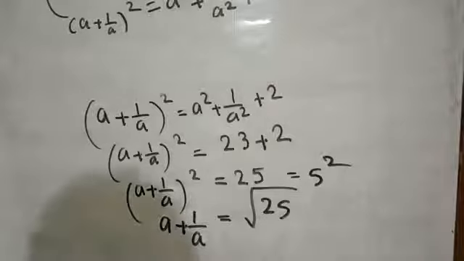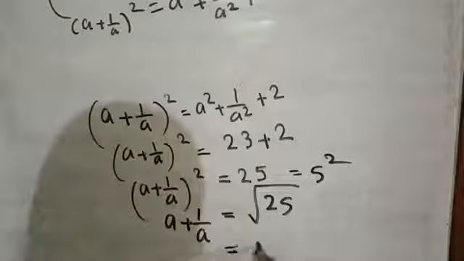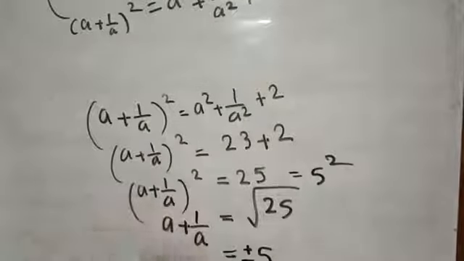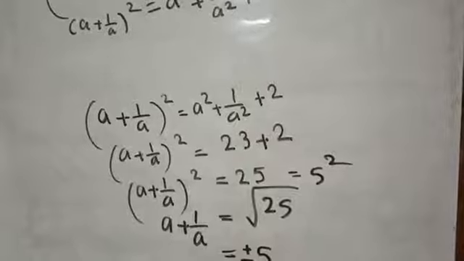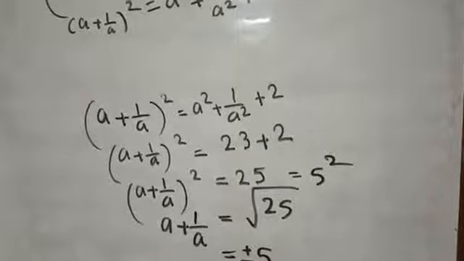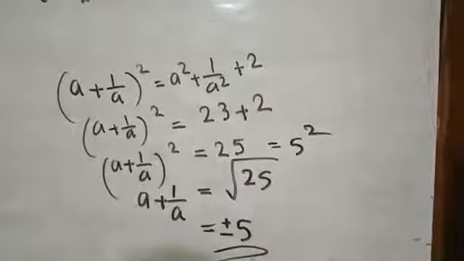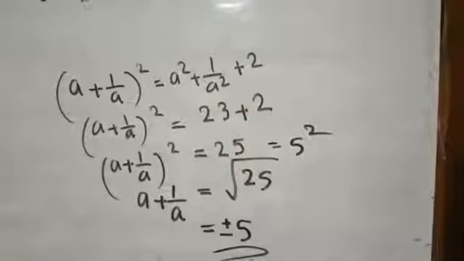What is root 25? 5. Then you want to write plus or minus 5. See, either plus 5 or minus 5. Both are valid. Why? Because negative 5 into negative 5 is positive 25, and positive 5 into positive 5 is also positive 25. That's why there are two values for a plus 1 by a, plus 5 or minus 5, and it is read as plus or minus 5.